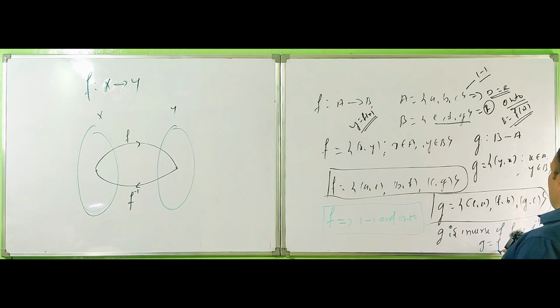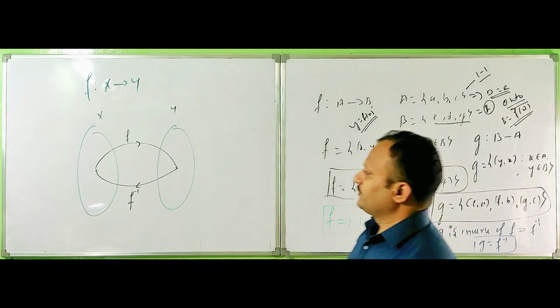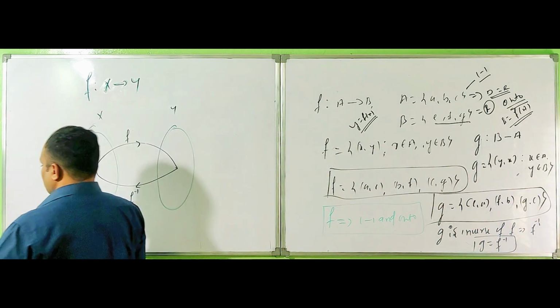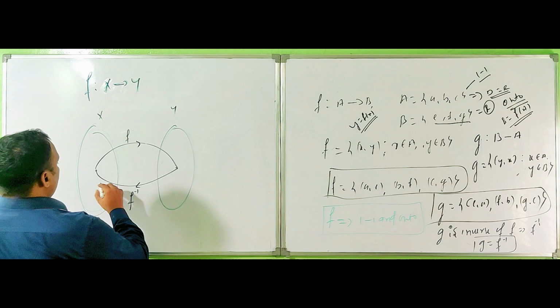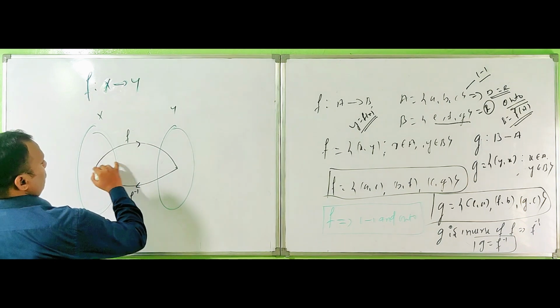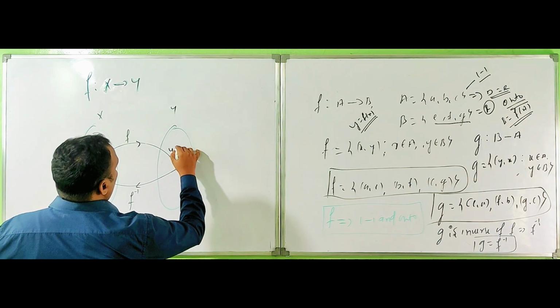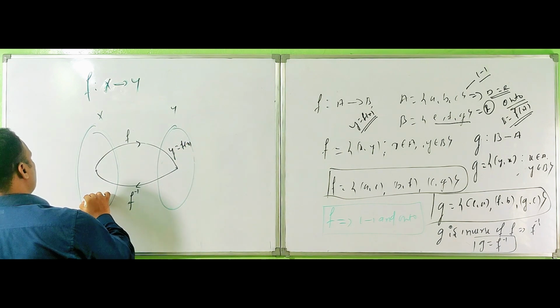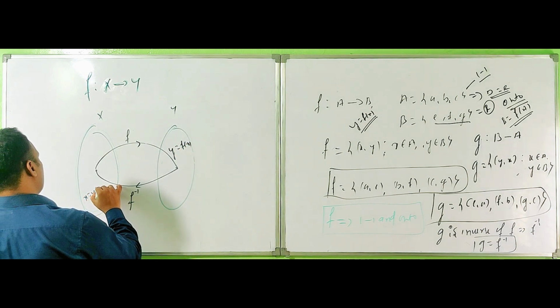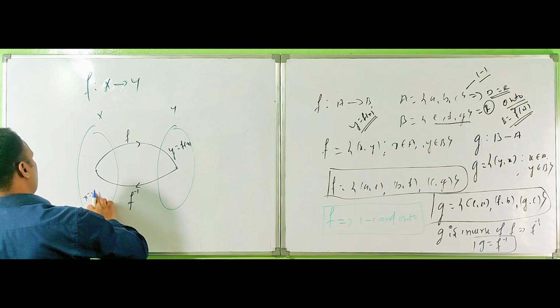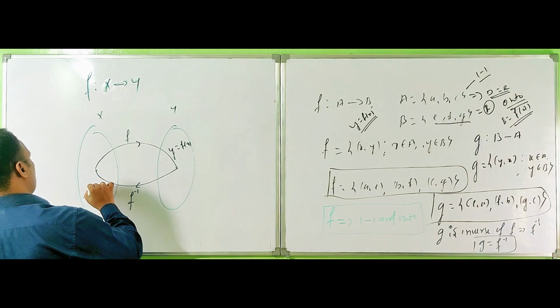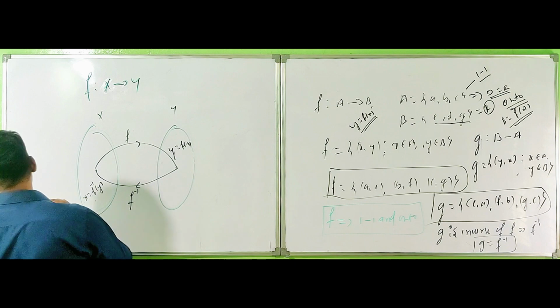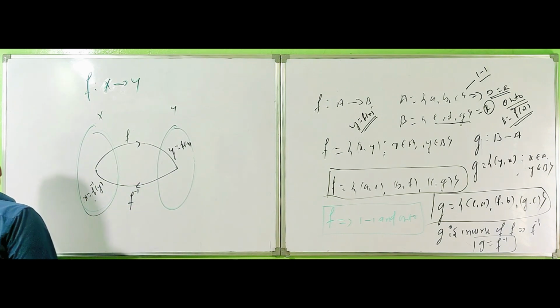So g is equal to f inverse, f to the power minus 1. This is the element: y is equal to f of x, and here x is equal to f inverse of y.